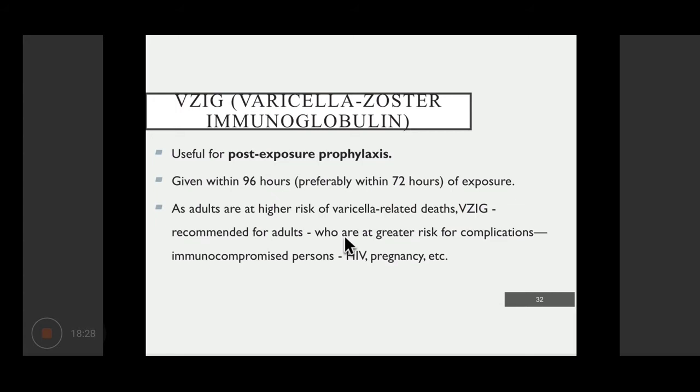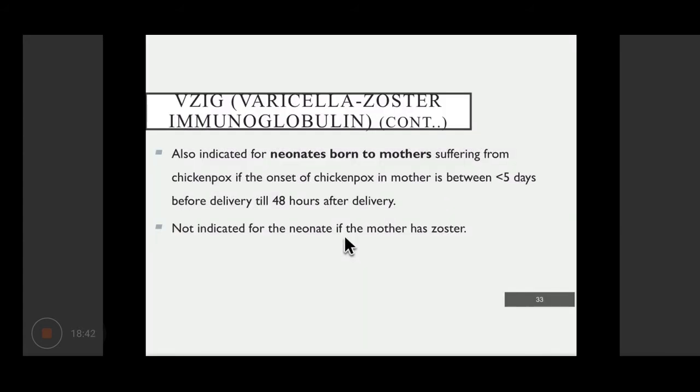They can be given varicella zoster immunoglobulin or VZIG to prevent the disease from developing in them as emergency prophylaxis. It can also be given in neonates born to mothers suffering from chickenpox if the mother developed chickenpox very close to the date of delivery.